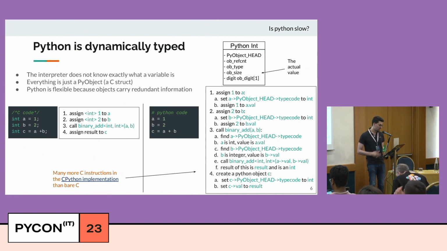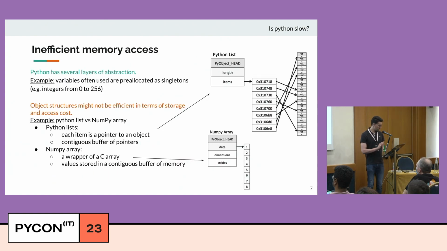They have this list of attributes in their CPython implementation, and the actual value is only stored in the last one, the ob_digit attribute, which is basically a pointer to an integer in C. This, in turn, means the CPython implementation has several layers of abstraction.